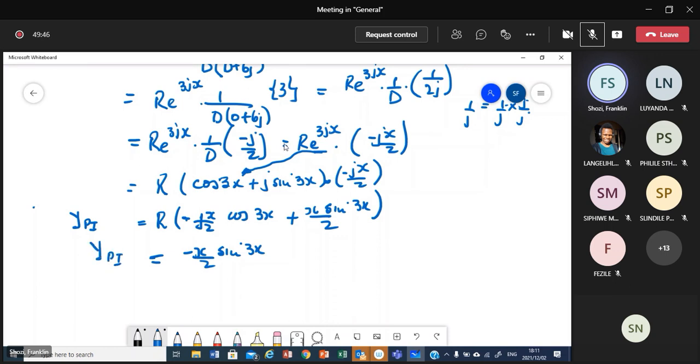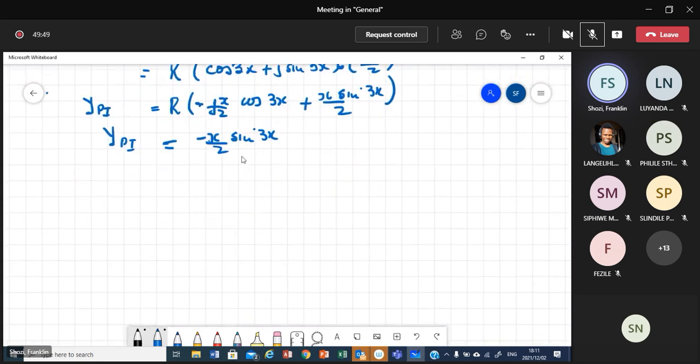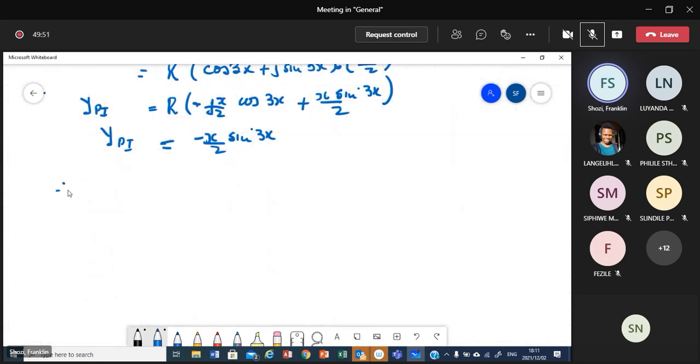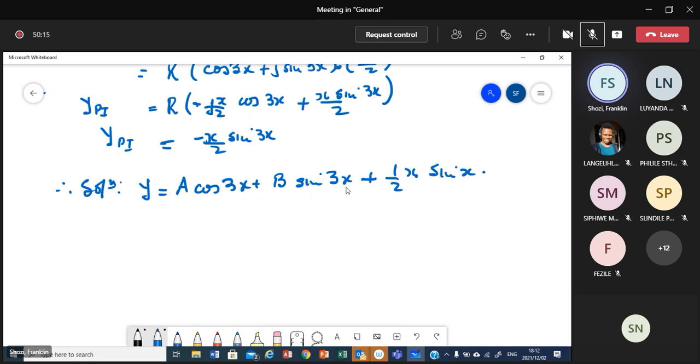Right? Finally, what is your solution? Your general solution will be y is equal to, remember YCF is A cos 3x plus B sine 3x plus 1 over 2 of x sine 3x.